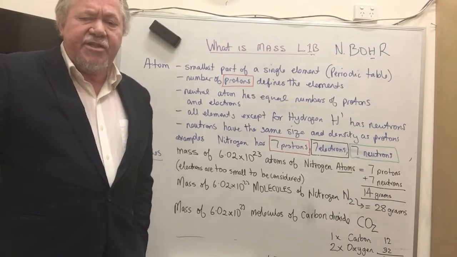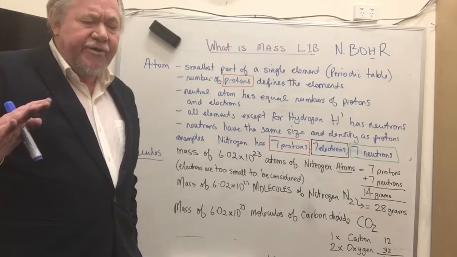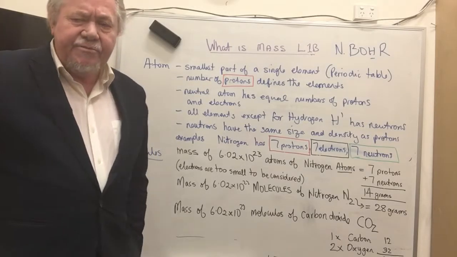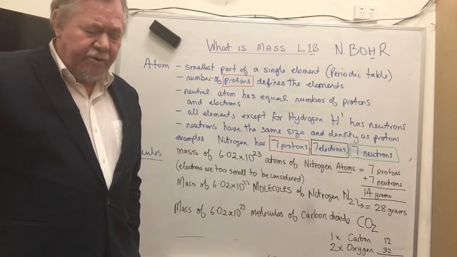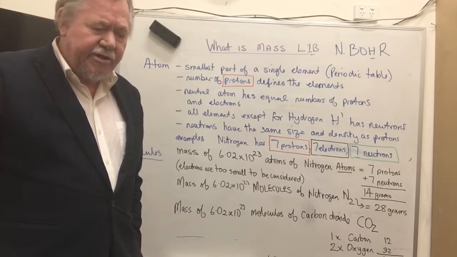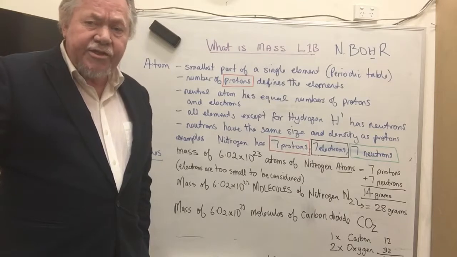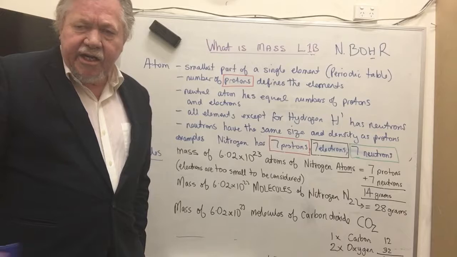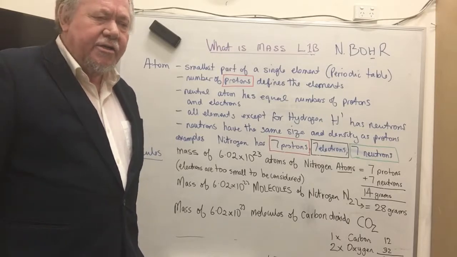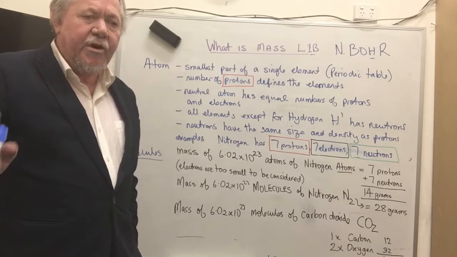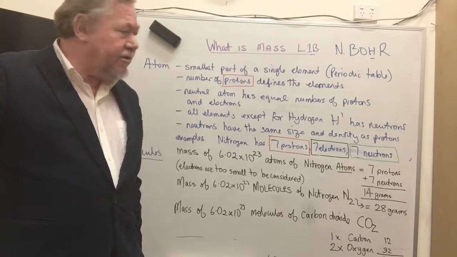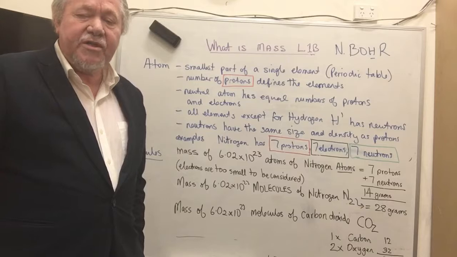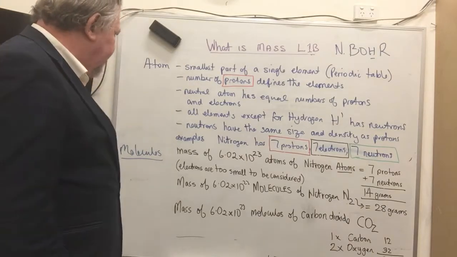As we discussed in the previous video, atoms are all made of a central nucleus of protons and neutrons, and then in a cloud around it, with a high probability of reaching a particular radius, we have electrons. Protons are positively charged, electrons are negatively charged.